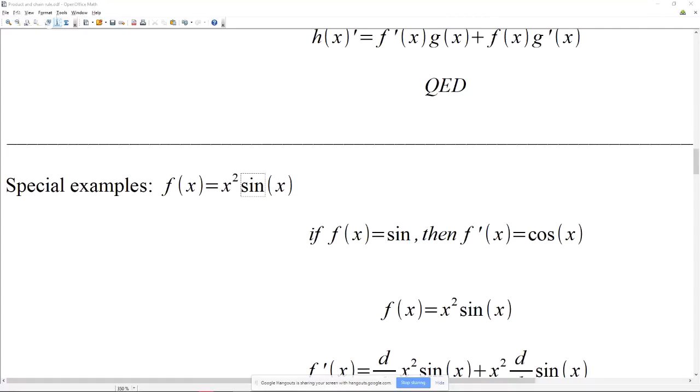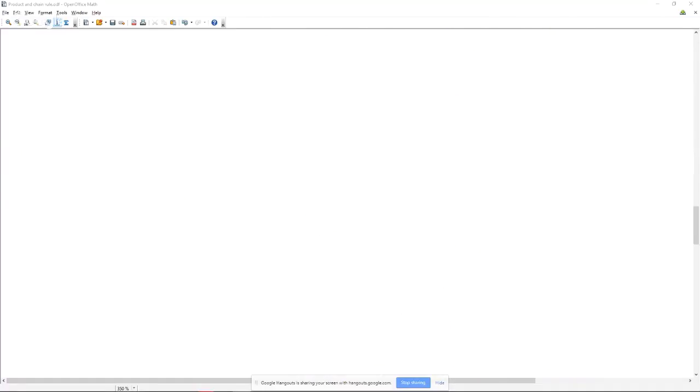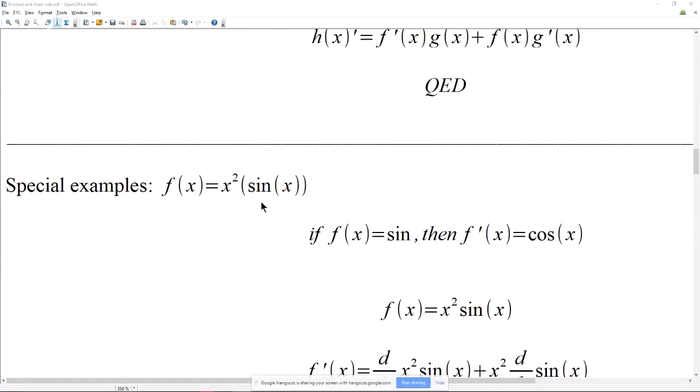It's a little bit unwieldy, but you're allowed in math to change things for clarification purposes for yourself. If I want to throw in a multiplication symbol, you're allowed to do that. So don't think that you're not allowed to.